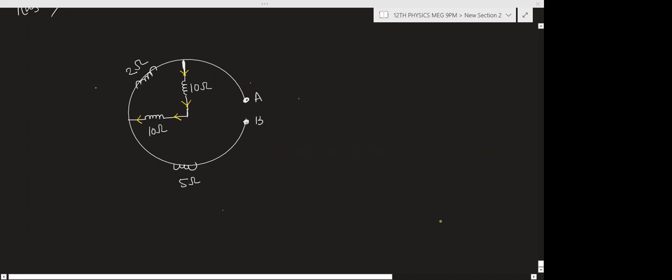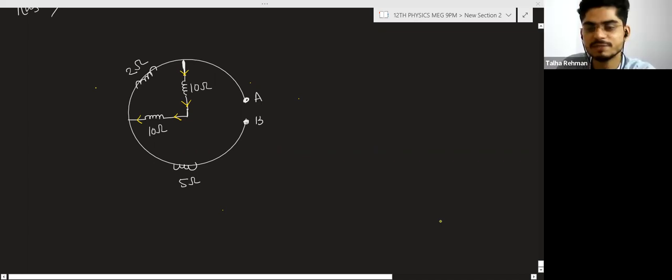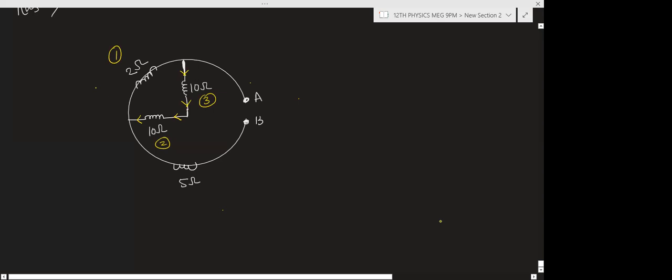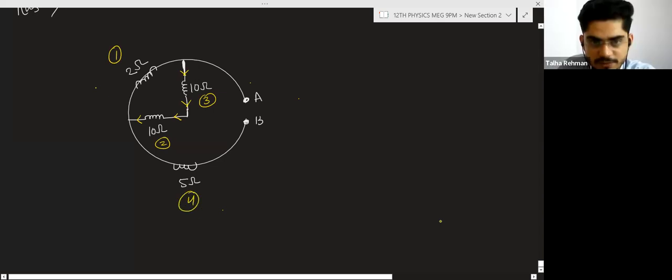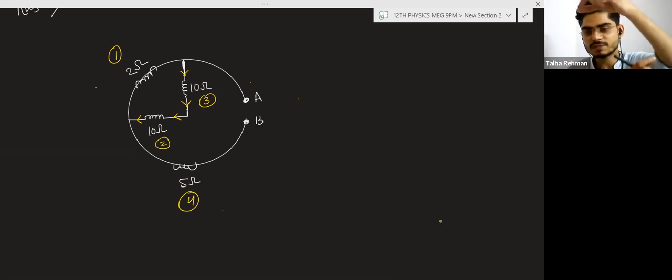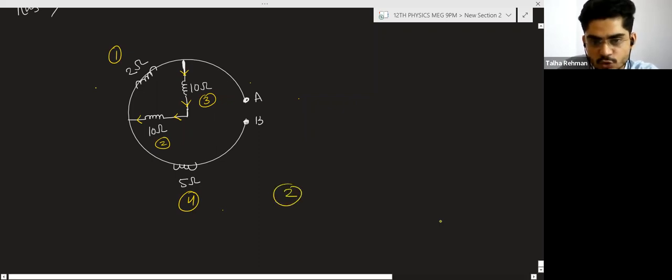If the wire is same, the current is same. The current is same means the series combination. This wire is same wire. They have just folded this wire like this. Okay, no problem. So I am just writing here 2 and 3. Resistance 2 and 3 are in series.